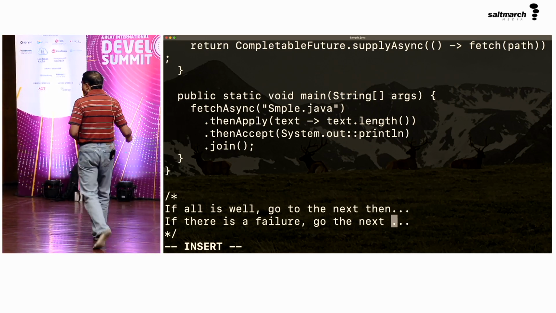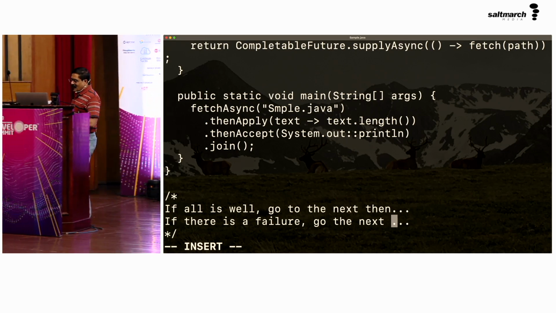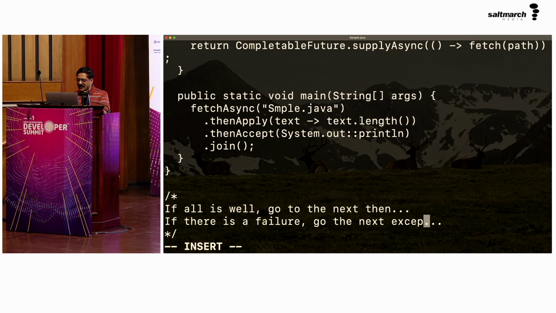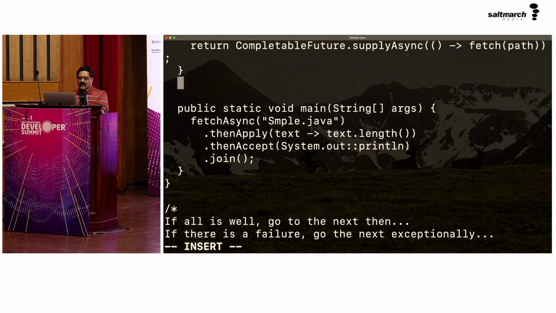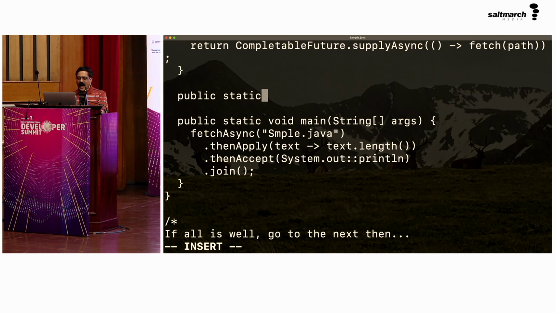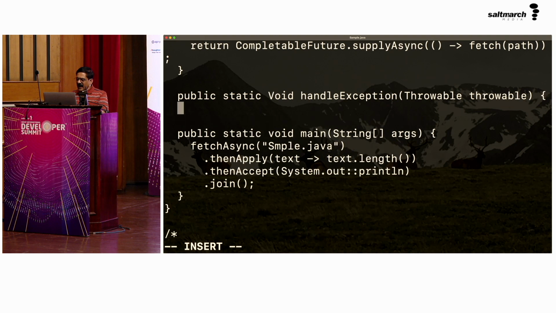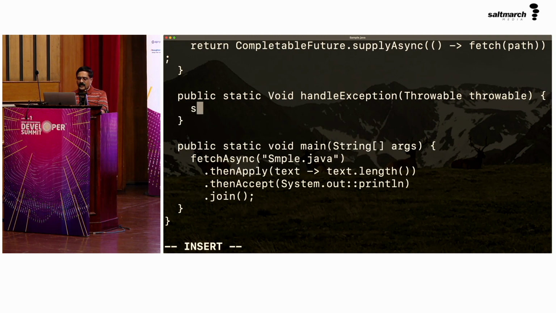So you want to catch an exception. What do you do? You write go to the next exceptionally. So I'm going to go back here and say public static void handleException(Throwable). And what am I going to do with this throwable? Again, this is just one example. There are other things you can do.